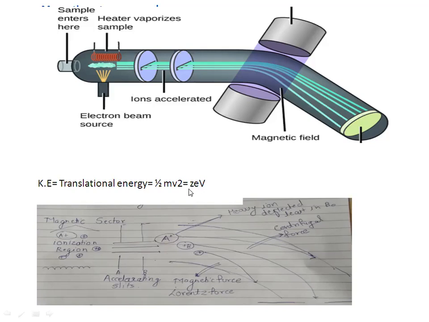This equation implies that if we keep the accelerating voltage fixed, and there is the same charge on different molecules, generally a unit charge, the kinetic energy of all the molecules will be the same. So although we have different kinds of analytes, we give the same kinetic energy to those molecules.